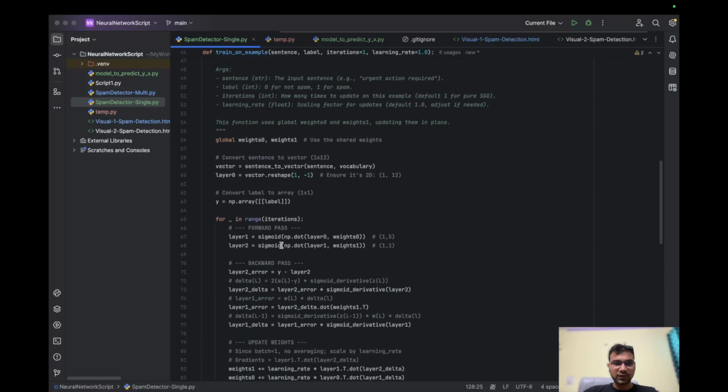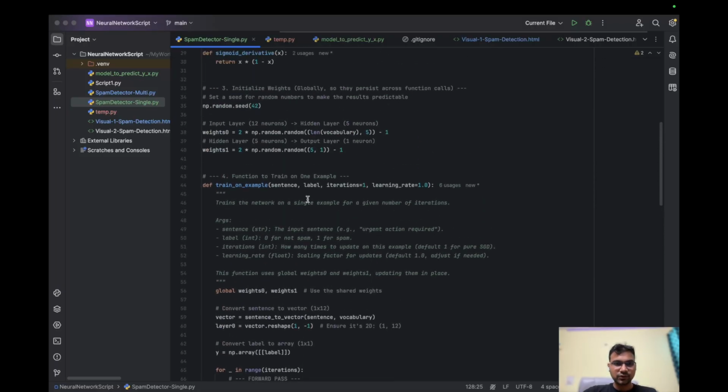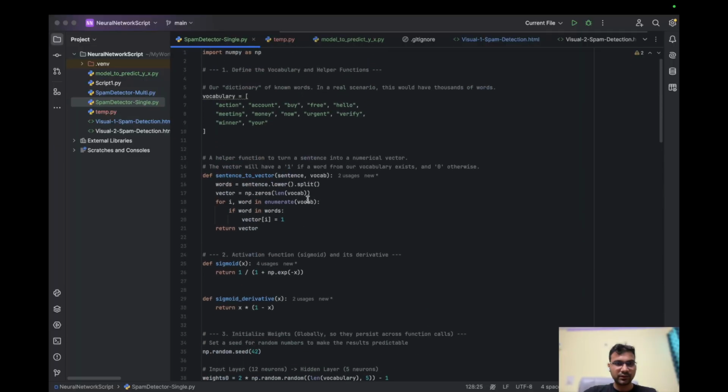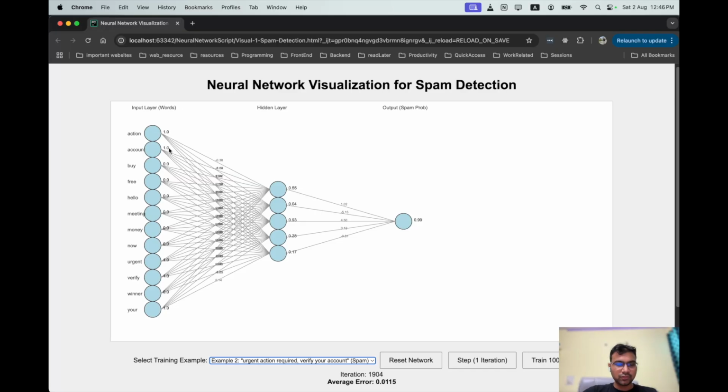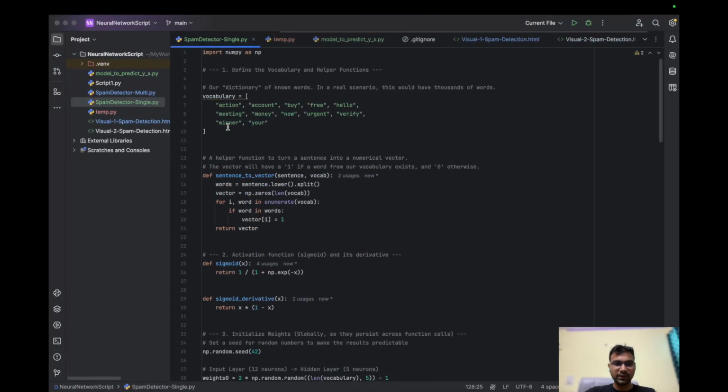If we visualize this neural network, which we have already seen, it will look something like this. When we feed a sentence, we will first convert it into the vocabulary, transforming it into a vocabulary vector.